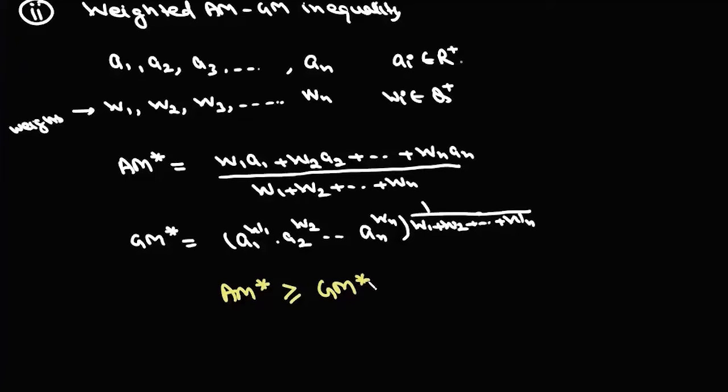So weighted AM is always greater than or equal to weighted GM for n positive real numbers having positive rational weights. And again here we'll have this equality. So this AM star will be equal to GM star if and only if a1 equals a2 equals up to an.